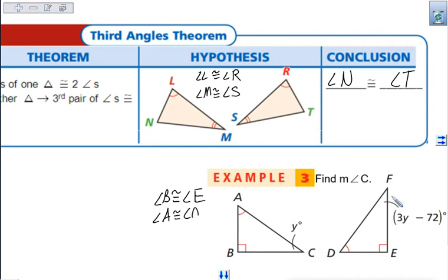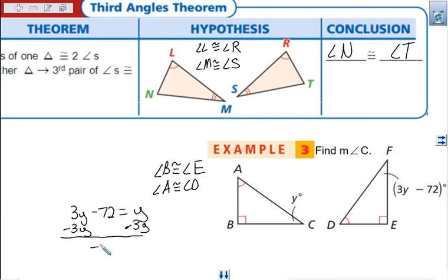That tells us that the last set of angles is also congruent, so we can set up 3y minus 72 equals y. Subtract 3y from both sides. That gives us negative 72 equaling negative 2y. Divide by negative 2, and y equals 36.